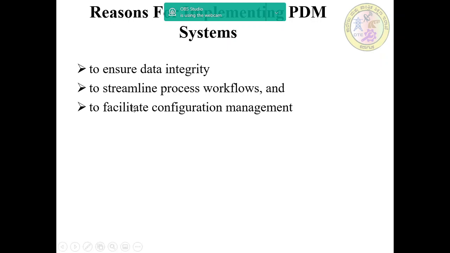And then the last one is to facilitate configuration management. Here, a product data management system helps facilitate configuration management and customer satisfaction. Configuration management is a key driver of quality assurance throughout the project or product life cycle. It is an important component of any product data management system.